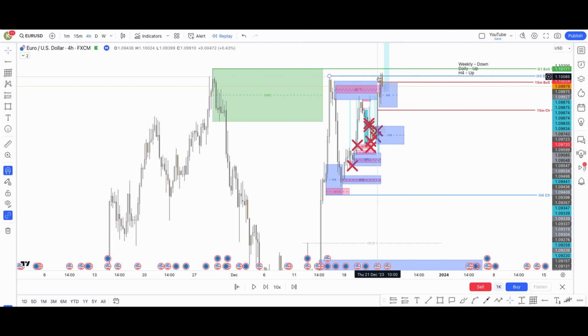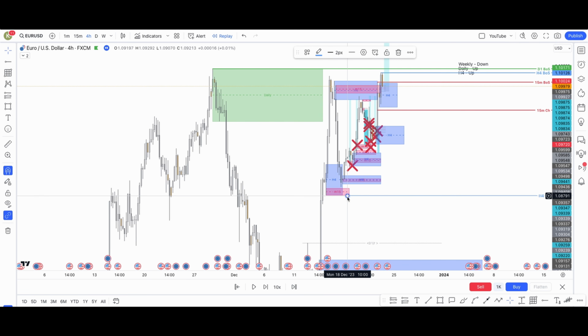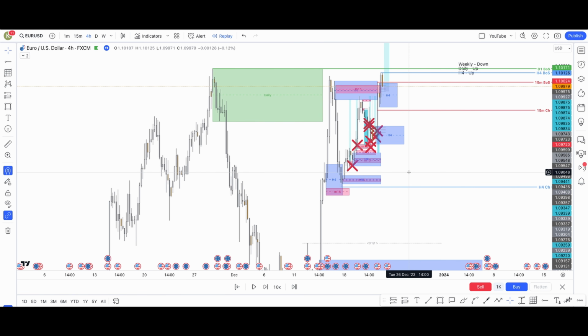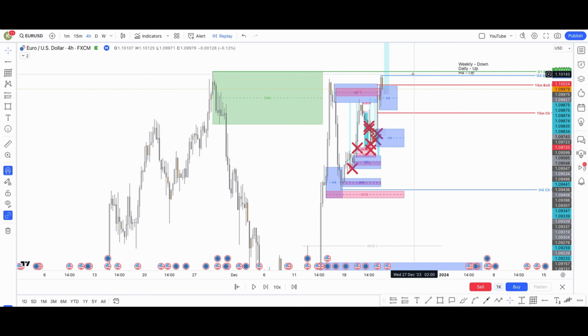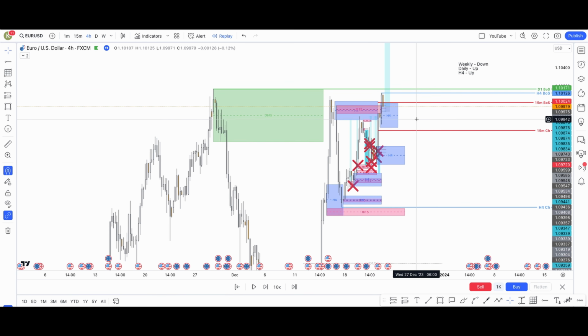We have bossed on the H4. So the H4 line moves to here. H4 chop goes to the previous lowest point, which was there. So hardly a move, but it means that this one would only be available as a liquidity grab at the moment. Hard to explain, but hopefully we'll come across another one in a second.